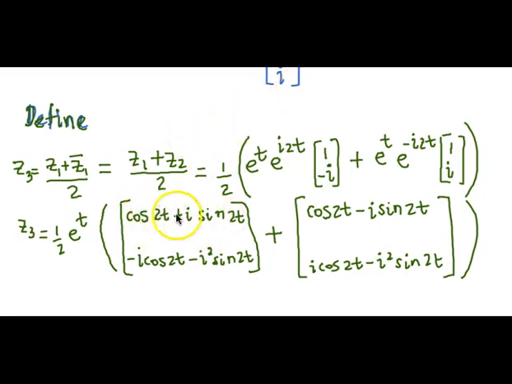So using Euler's formula, we can see how the first vector here takes this form. We're going to have to write a couple of steps here. This I squared being -1, minus I squared becomes +1. But here we have the first vector and the second vector.